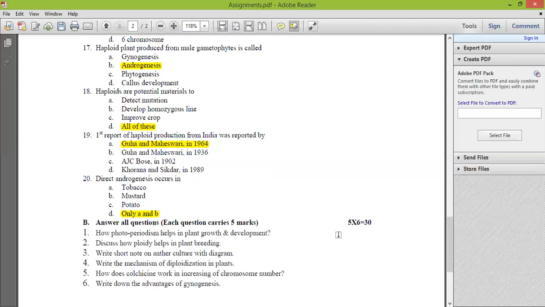In case of higher ploidy level, the gene expression is more, and more gene expression means more protein or more hybrid vigor. You have to mention the term hybrid vigor.